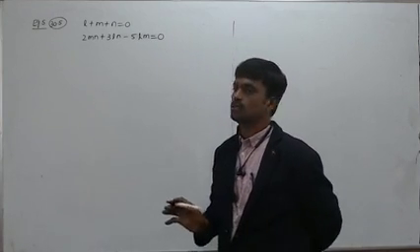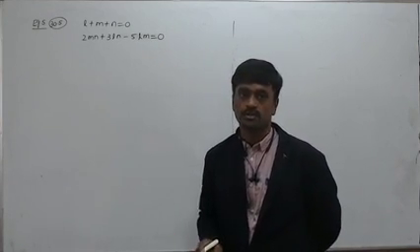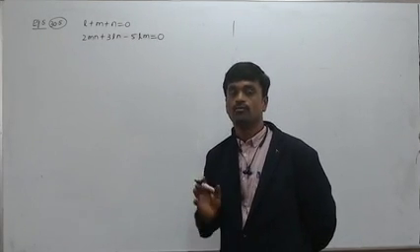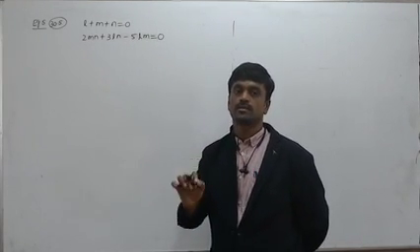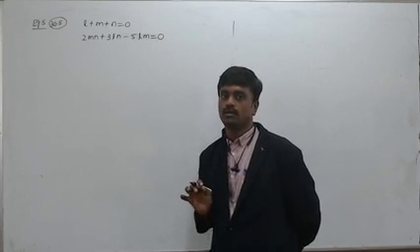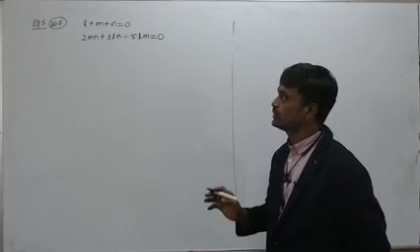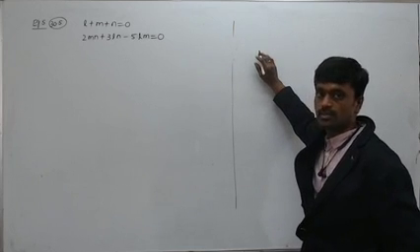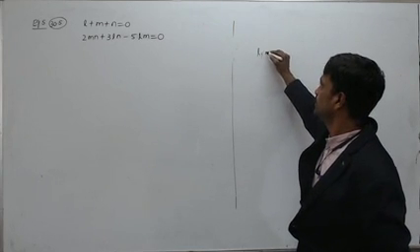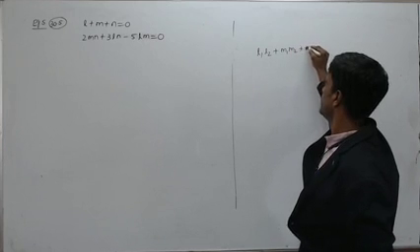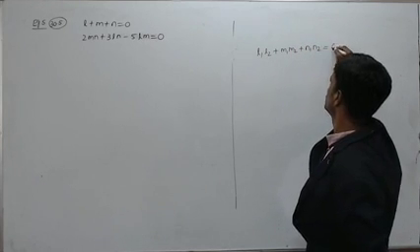So that means there are two lines whose direction cosines satisfy these two relations. Now we have to show that those two lines are perpendicular to each other. What is the perpendicular condition in terms of direction cosines? l1 l2 plus m1 m2 plus n1 n2 is equal to 0.